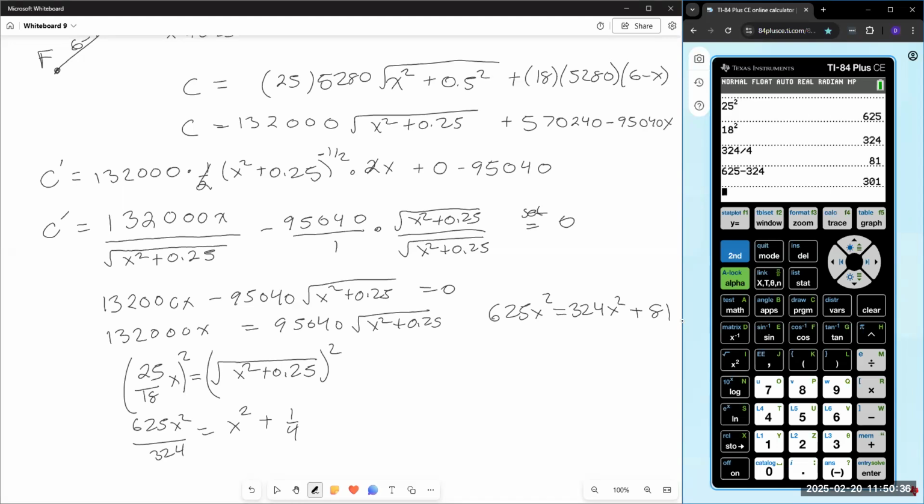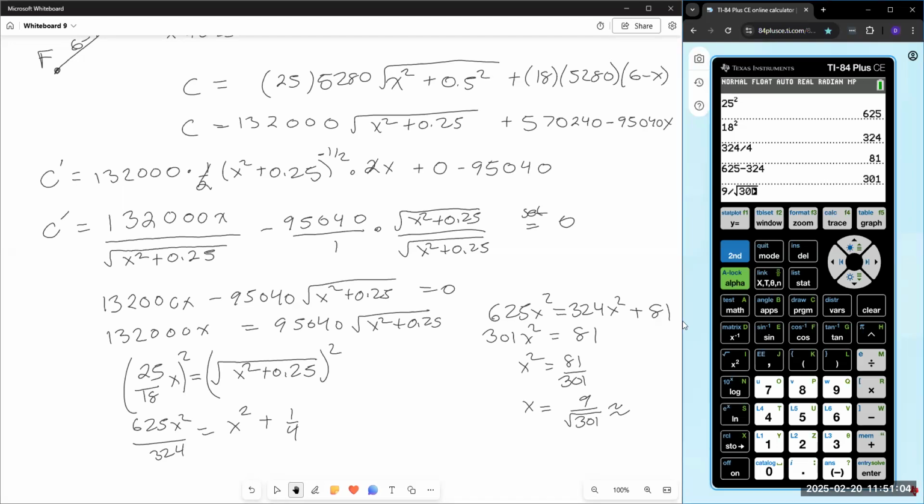X squared is equal to 81 over 301, or x is equal to plus or minus, which we need a positive distance, 9 over root 301 exactly, which is approximately 0.52 miles, because x was in miles.